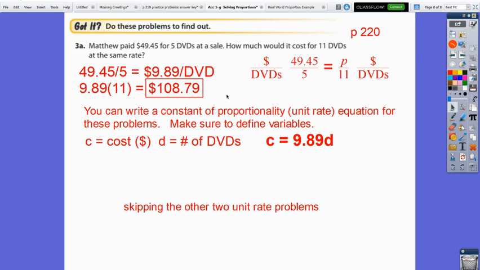I think just practicing these will get you there, and maybe there'll be a little bit of extra help for folks who need some extra review. But cross multiply and then divide both sides to get your answer when you are solving the proportion, or you can use the constant of proportionality or unit rate method as an alternate way to solve problems using proportions and proportional relationships.